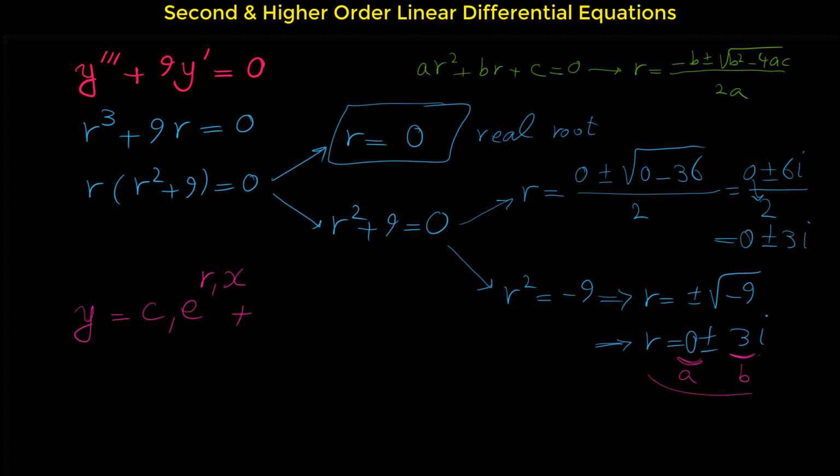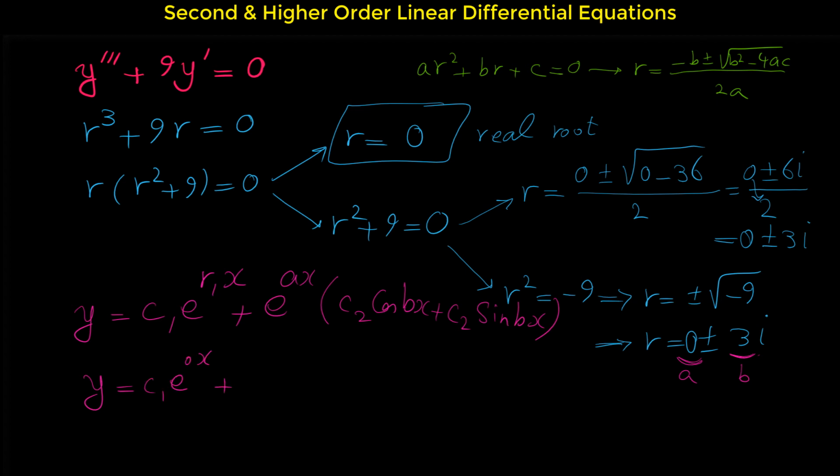But because we have complex roots, we have to add e to the ax times c sub 1, not c sub 1, because we have used c sub 1 here, so let's make it c sub 2. Cosine of bx plus c sub 2 sine of bx, which here in this example, r, the real root, is 0, so we have c sub 1 e to the 0x plus e to the ax. a is 0.